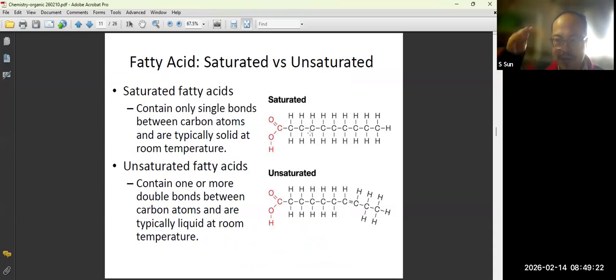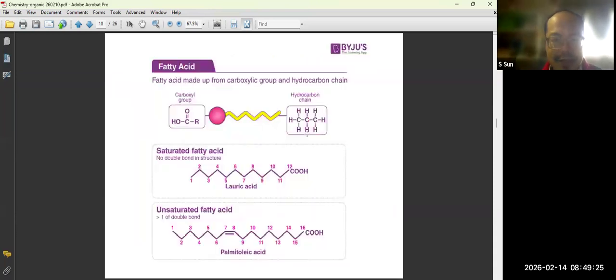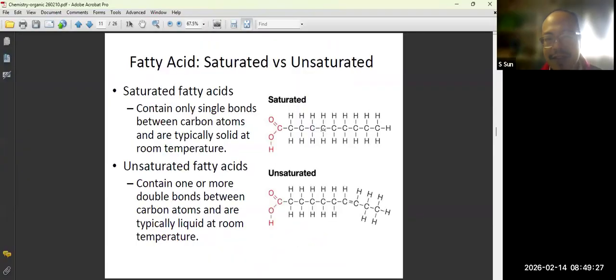Each one is not twisted like a wave. You can show a picture like that, or you can show a picture like that, it doesn't matter. So if it's a single bond, it's called saturated, all right? Because it could be that one of these bonds is a double bond.